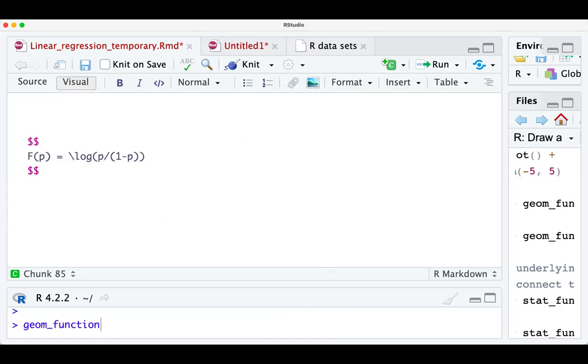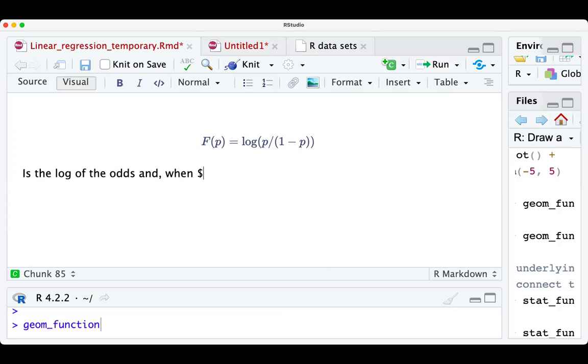It is the log of the odds, and when p is in 0 and 1, f of p is in minus infinity, plus infinity.